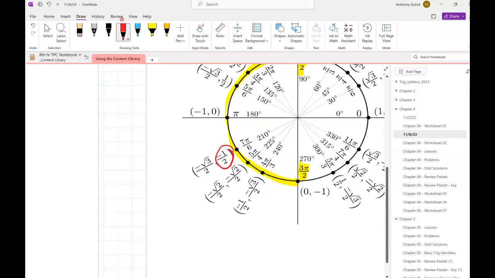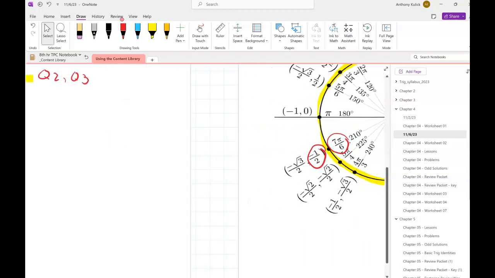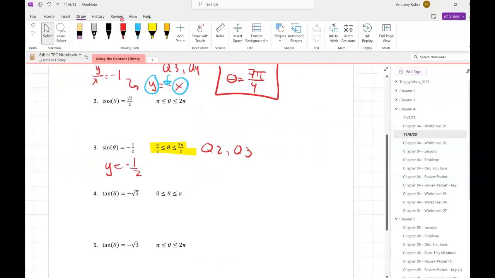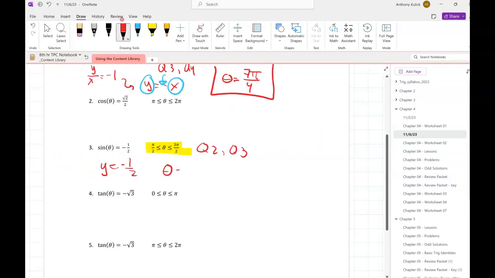In quadrant 3, the only place where y is negative 1/2 is right there at 7 pi over 6. So 7 over 6 is about 1.17. That's certainly between 1 and 1.5. So I'm good. Does that feel all right?